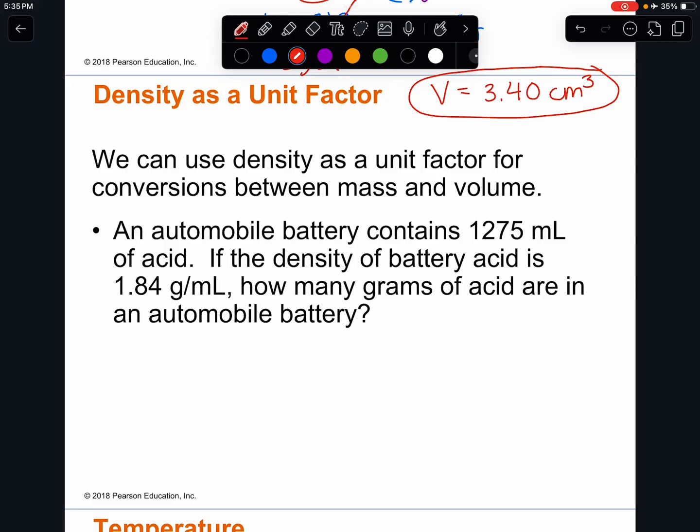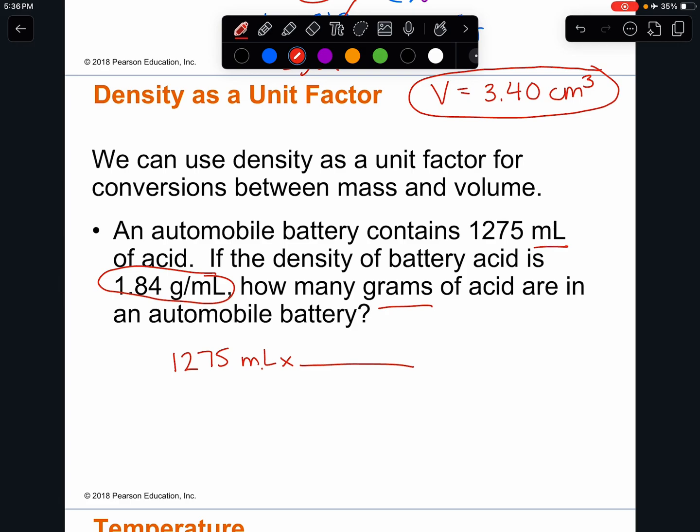So we can also use density as a conversion factor. I'm going to go ahead and show you how to do that. So we have an automobile battery containing 1,275 milliliters of acid, and they give us a density. How many grams? So there's a couple ways to solve this. I will show you both ways. You can go ahead and start with what you're given, 1,275 milliliters.